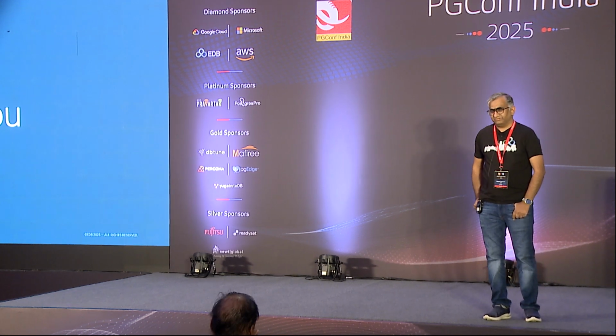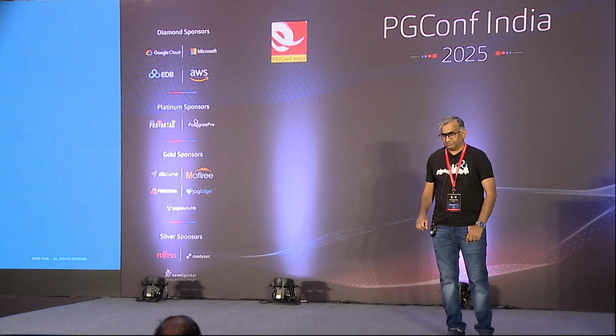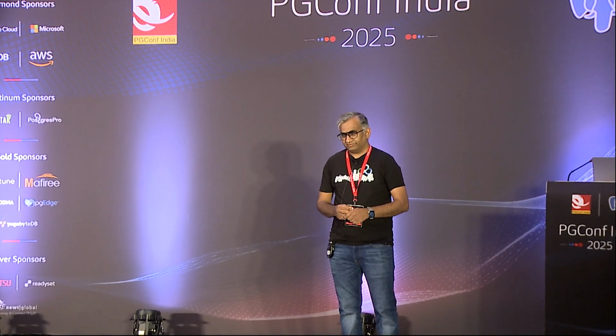Like if somebody is new to the Postgres source code in the first place, especially the core part, how to go about it? You had mentioned various things, but is there any particular sequence we need to follow? I would say it depends on what you want to do. Typically I would say start with the contrib modules.